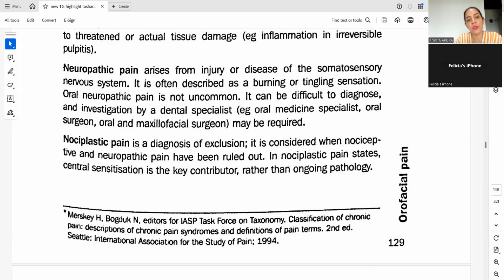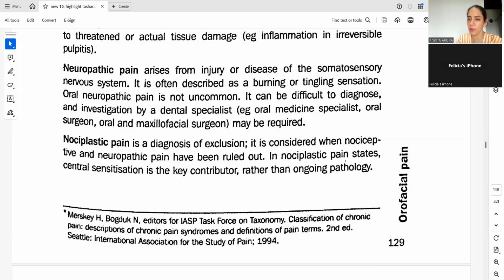Then we have nociplastic pain. Neuropathic pains are usually the pain caused by damage to the deeper tissues and deeper organs of the body. So they fall more into the neuropathic variety. Nociplastic pain is a diagnosis of exclusion. It is considered when nociceptive and neuropathic pain have been ruled out.